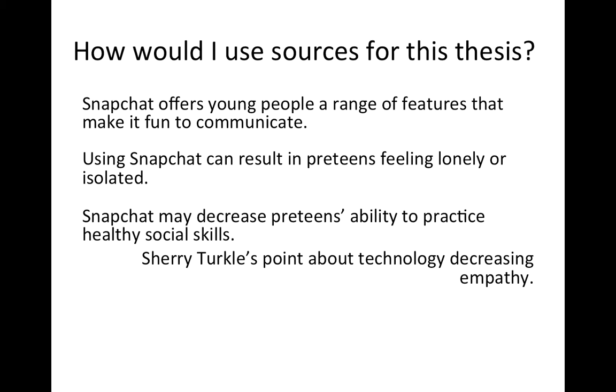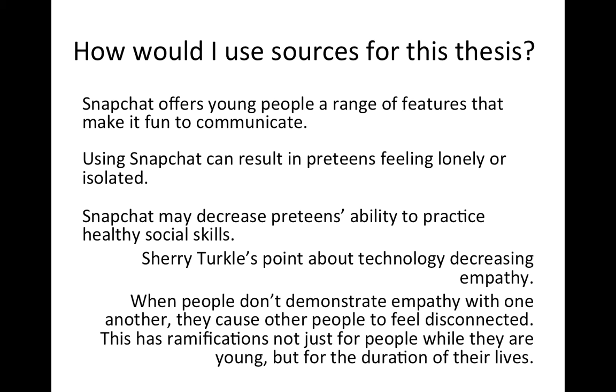What I mean by that is that when young people's social skills are being decreased, what's happening is they're losing the ability to show empathy. And then I would quote Sherry Turkle. I would quote or paraphrase that idea. I would also give some context about her article and what she discusses before I reference that particular idea.